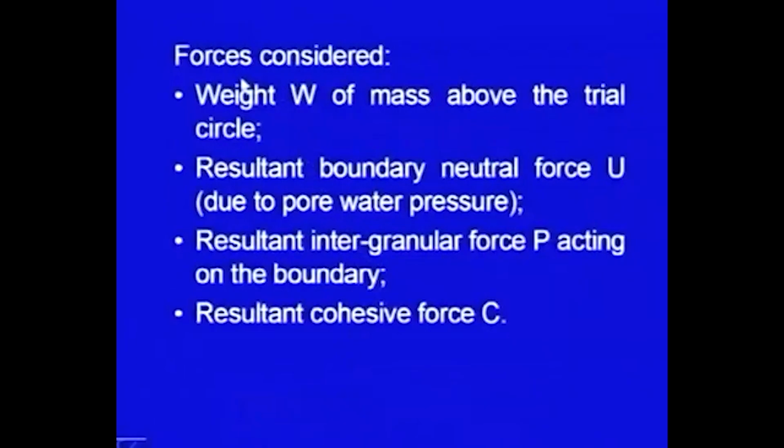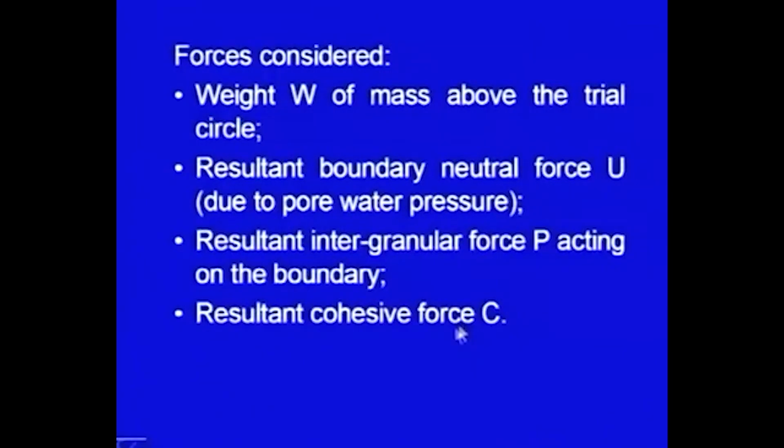Now, the forces which we are considering: weight W of the mass above the trial circle, that is the first force. Secondly, the resultant boundary neutral forces. There will be the force due to pore water pressure. So, the resultant of all those forces is the resultant boundary neutral force U. Thirdly, the resultant intergranular force P acting on the boundary of the circle, and the resultant cohesive force.